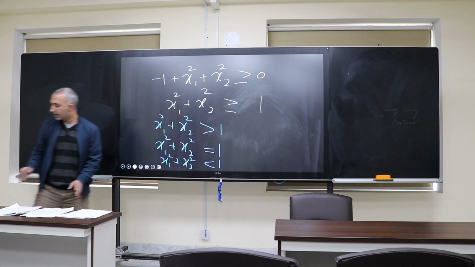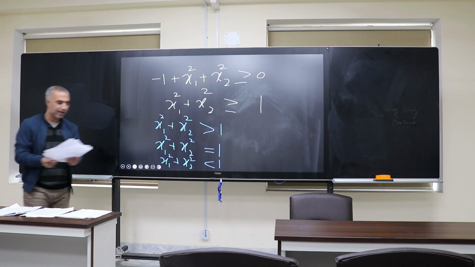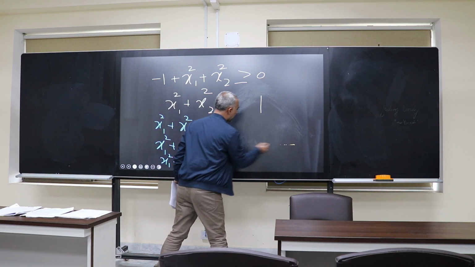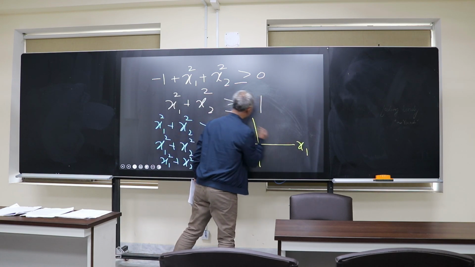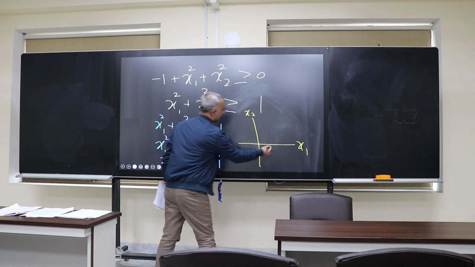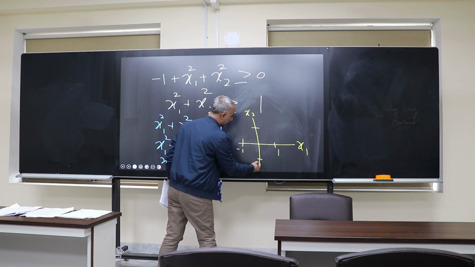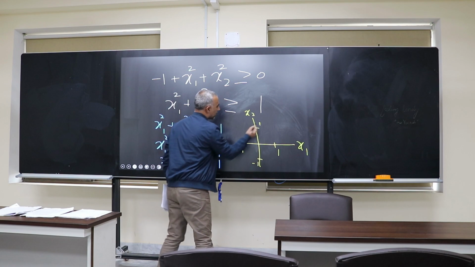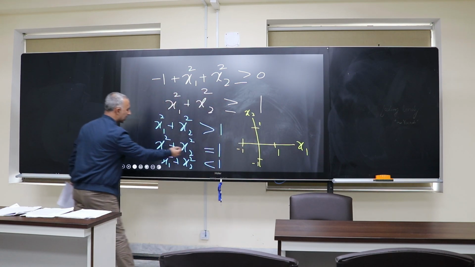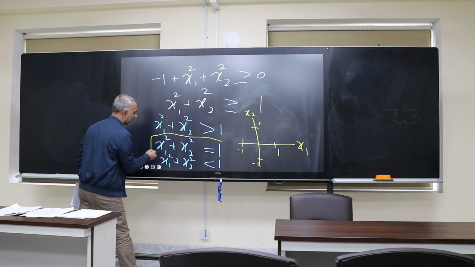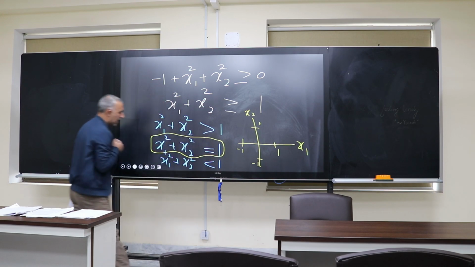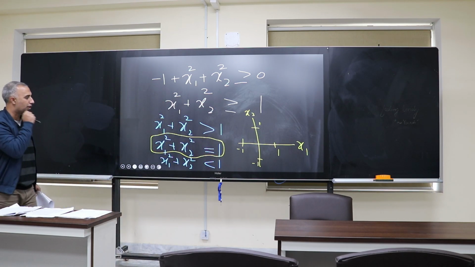A very simple and beautiful concept is portrayed here about the decision boundary. This one is x1, x2, and the unit, 1, -1. This is representing basically the equation of a circle, with unit radius 1.